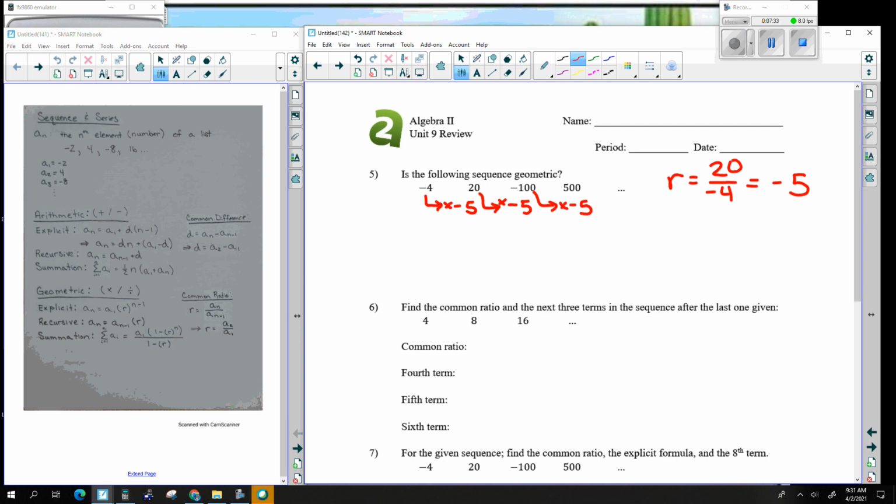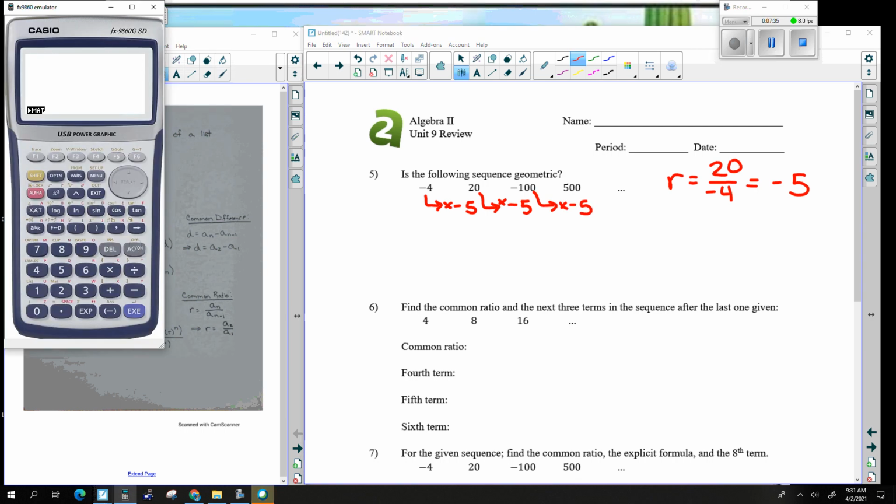Let's check it out. So we go negative 4 times negative 5 is 20, 20 times negative 5 is negative 100, negative 100 times negative 5 is positive 500. Okay, all of those numbers do check out.